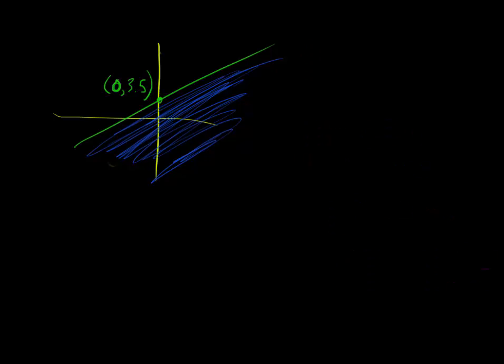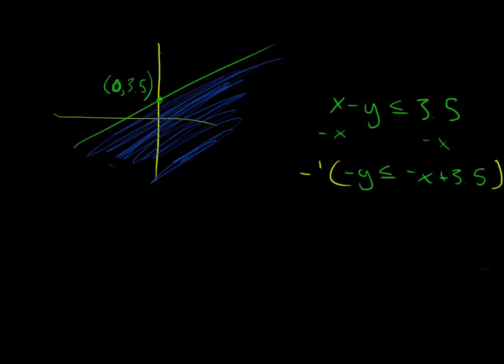So let's check answer choice D. X minus y less than or equal to 3.5. Again, subtract x from both sides, leaving negative y less than or equal to negative x plus 3.5. Now we're not solving for negative y, but for positive y, which means we must multiply every term in the equation by negative 1.